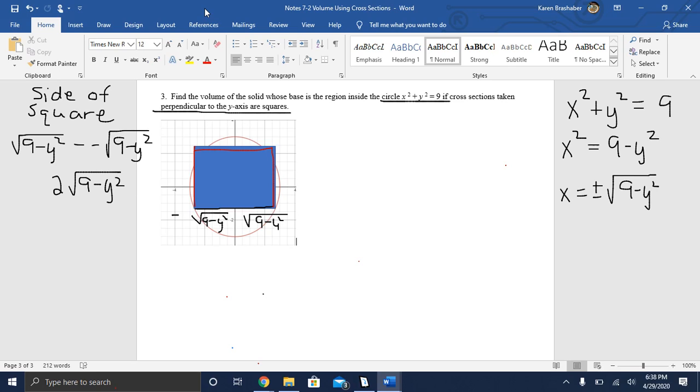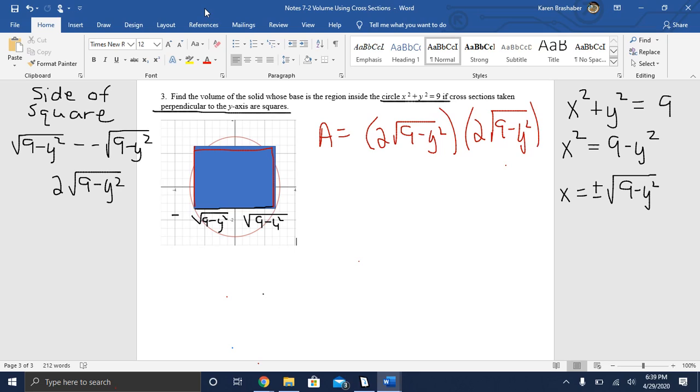So the area of the square is going to equal the side, so 2 times the square root of 9 minus y squared, times itself, 2 times the square root of 9 minus y squared.